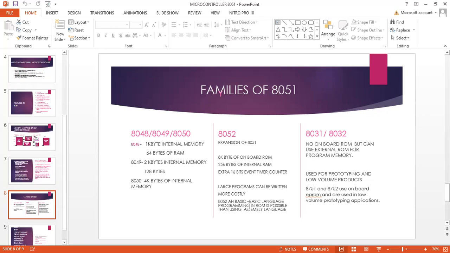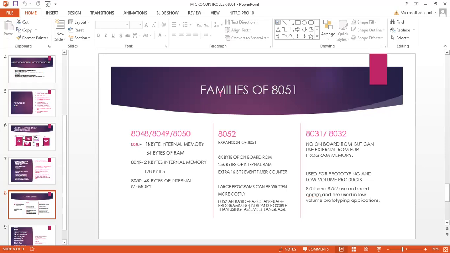Suppose 8048 has 1 kilobyte of ROM, 8049 has 2 kilobyte of ROM, and 8050 has 4 kilobyte of internal ROM. 8048 has 64 bytes of RAM, 49 and 50 have 128 byte of RAM. Okay, so that is the thing which you can write.